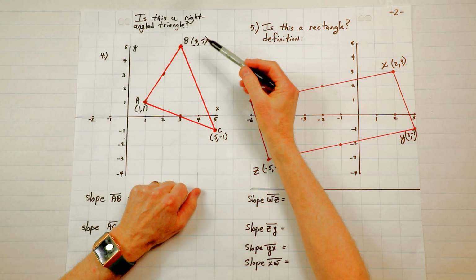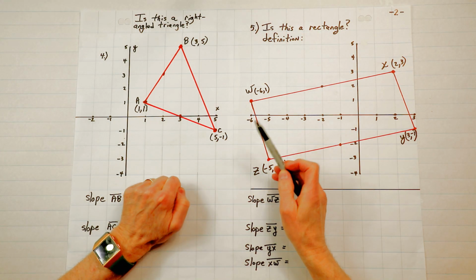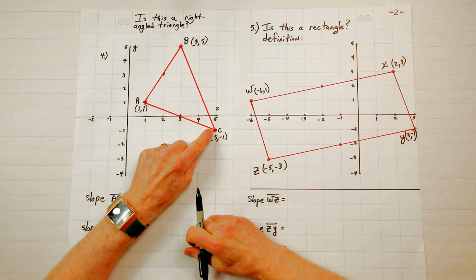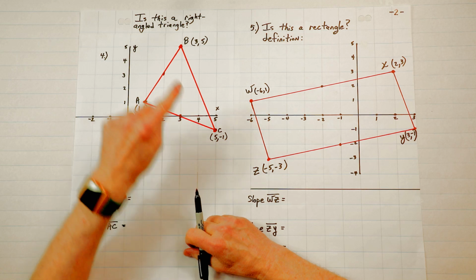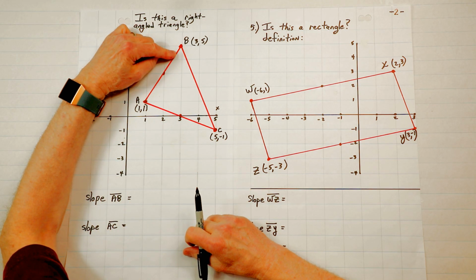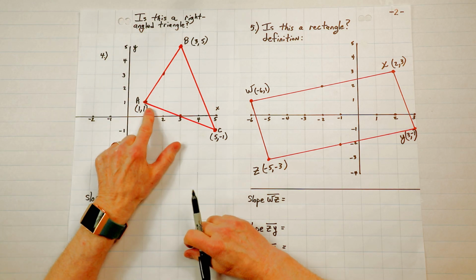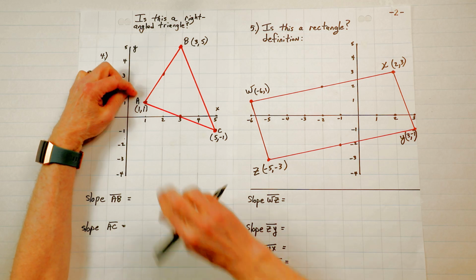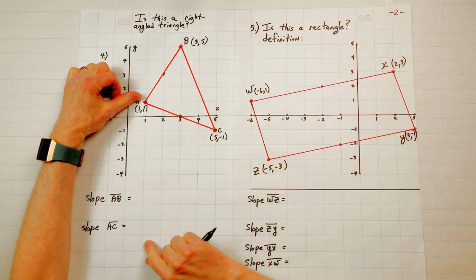Okay, now what you can look at and say is that, well, if there's a 90-degree angle in this triangle, it's not there. That's too small. That one, it can't be that one. That's too small. If there is a 90-degree angle, this would be the one right here.